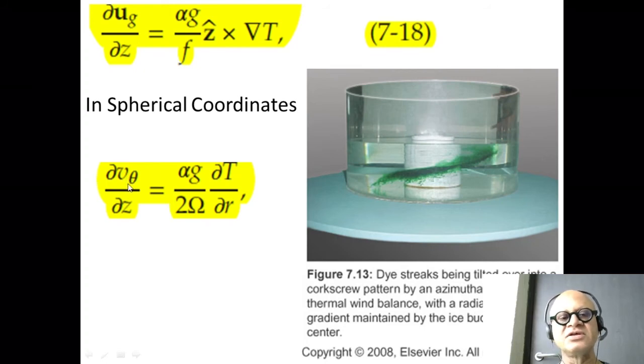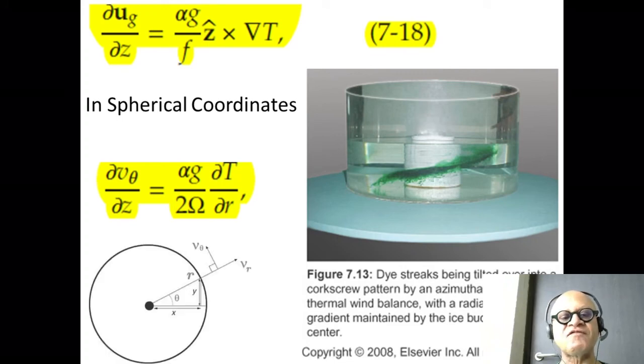Okay, so that's the vertical shear of the azimuthal velocity related to the radial gradient of temperature. Horizontal gradient of temperature is producing vertical shear in geostrophic winds.